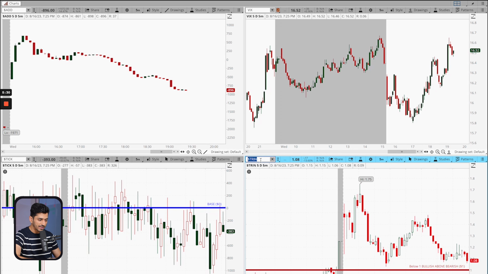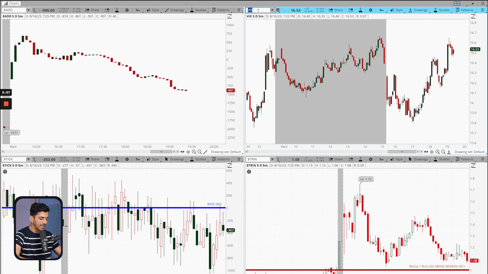And the last thing that we discussed today in the breadth section is the TRIN, right? This is also giving you a negative reading. So if we combine all these 4 indicators together, what are they telling us? They are telling us that for today's session, there is more momentum on the downside than the upside. Right? All these 4 things are aligning very well together.